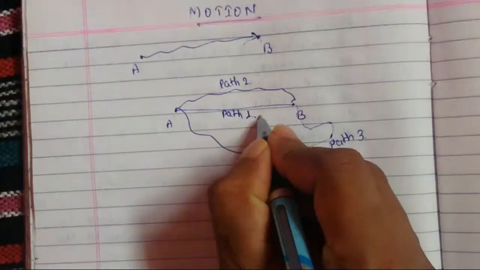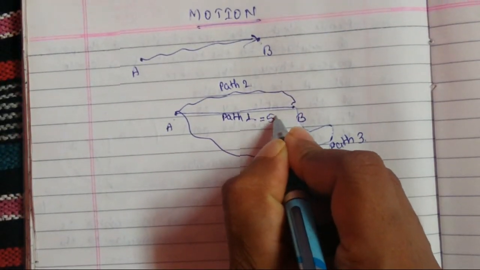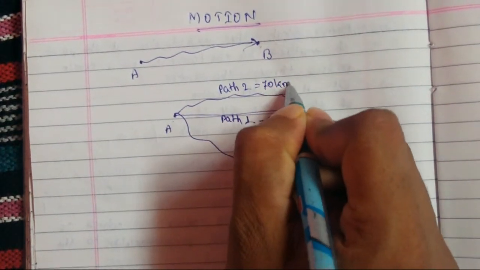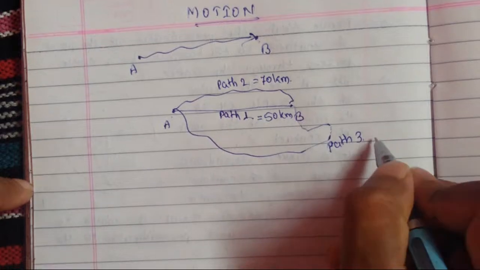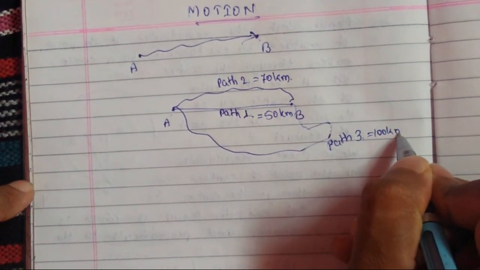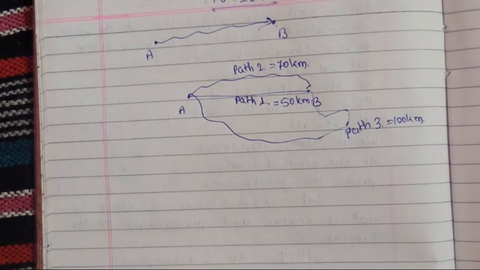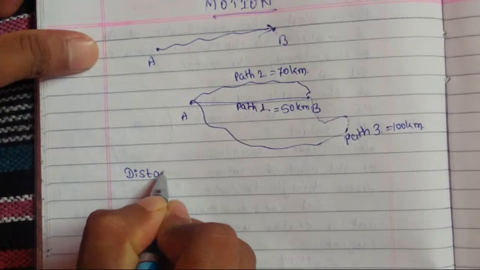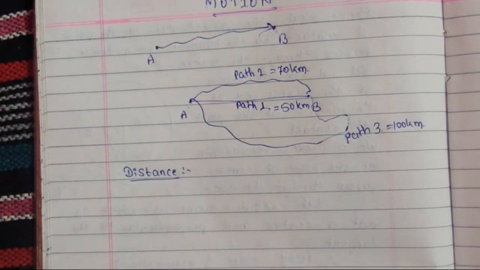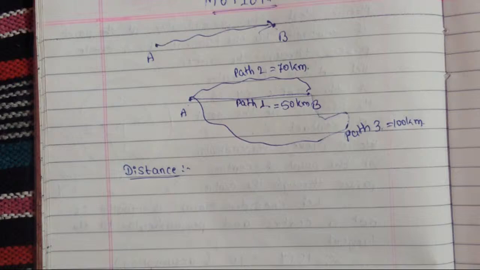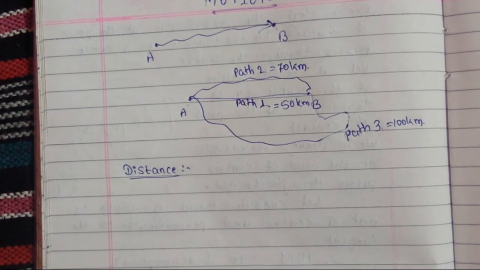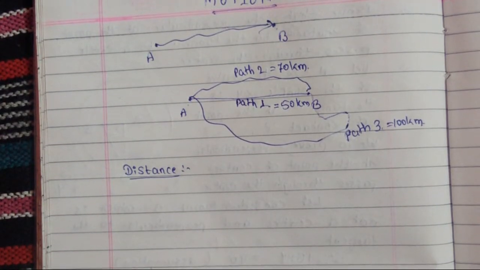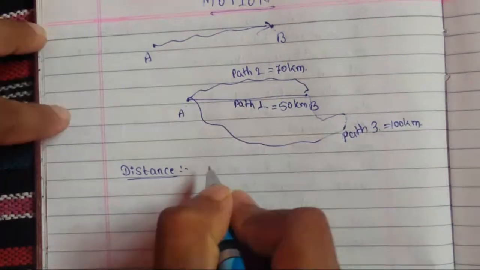I will consider this distance as 50 kilometers, this distance as 70 kilometers, and this distance as 100 kilometers. When we consider distance, it is the longest path, or the total path covered by an object to move from one point to another.